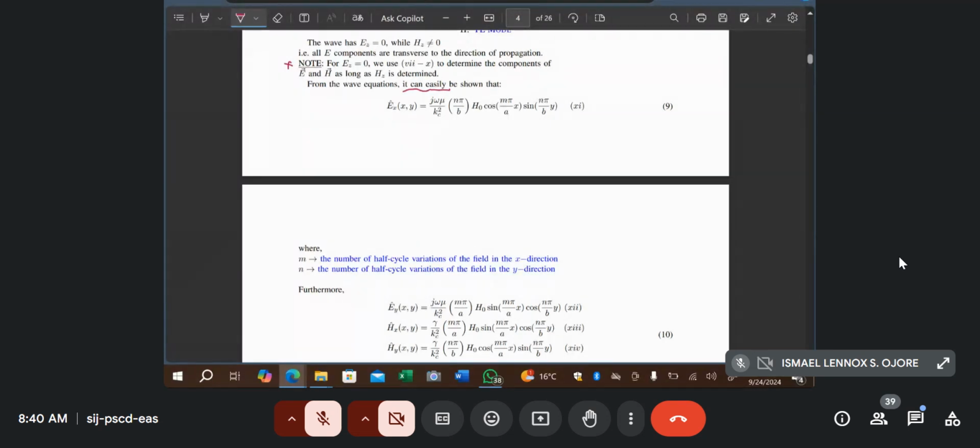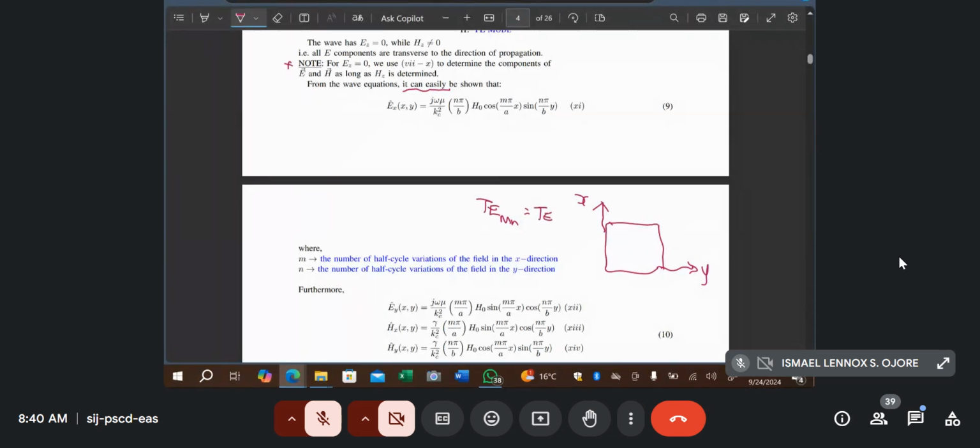So let's say you have a rectangular waveguide, and we are saying y and x direction. Let's say you have x and y. Let's say we want TE MN.